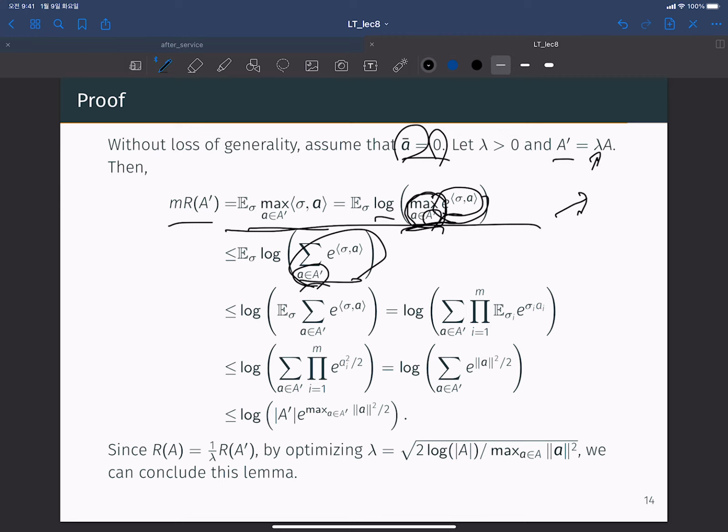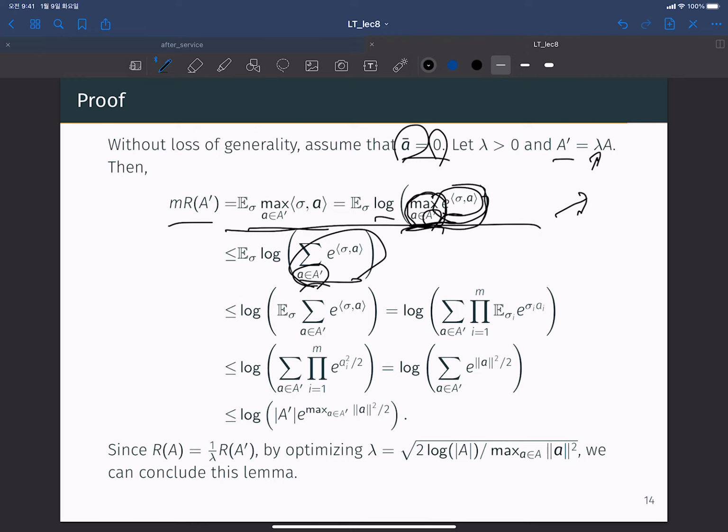Summation always increases the value, and among A prime, at least one point has the same value as the max of the exponential inner product between sigma and a. So we can upper bound this. When we take the max of non-negative values, we can simply upper bound it by the summation of non-negative values.